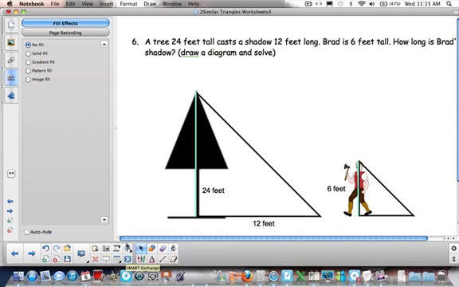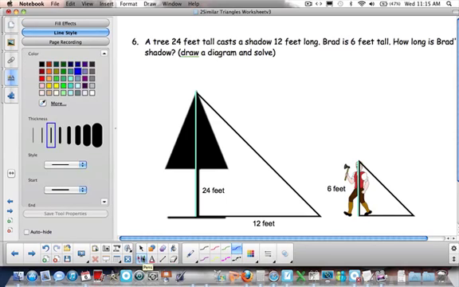So if we write this as corresponding sides, the 24 corresponds to the 6, and the 12 corresponds to, if I put down S for shadow, this is the S. We're going to cross multiply, so 24S is equal to 6 times 12.